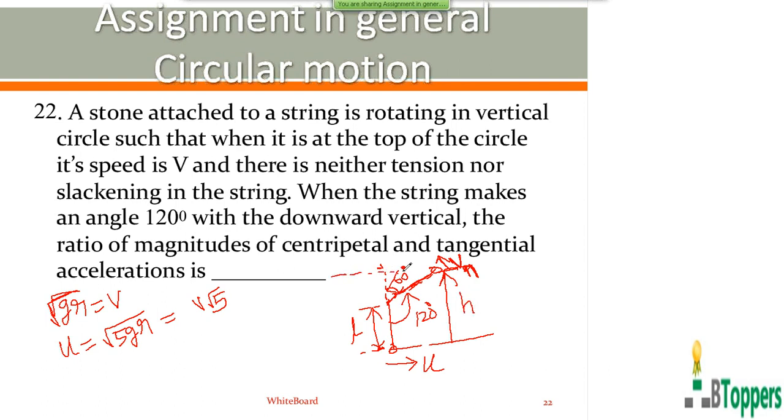So from here to here, this distance in this right angle triangle, we call this distance, suppose, H1, and the length of the string L. We have a right angle triangle here.